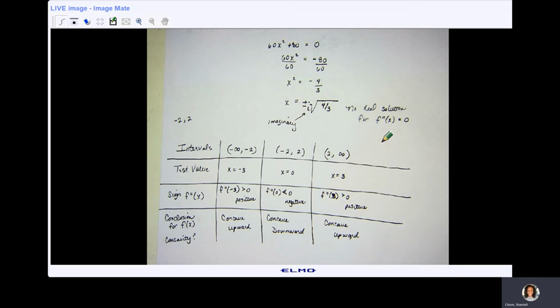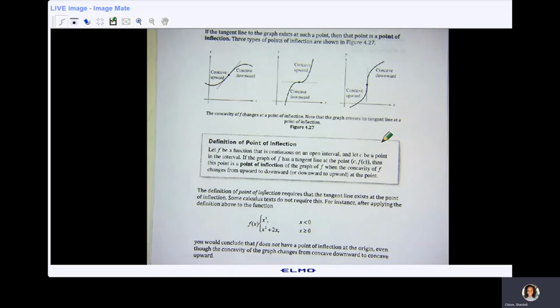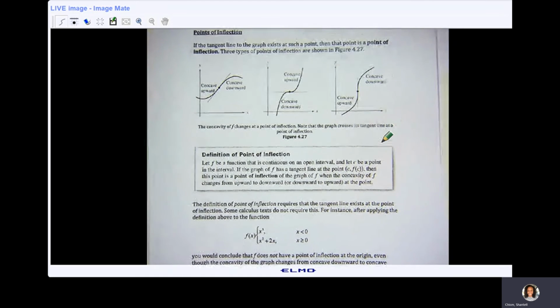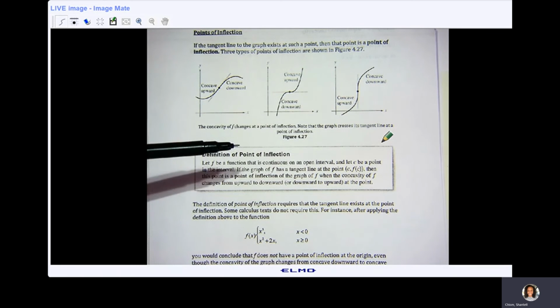So, on page 6 of our notes, when you have a change in concavity, the point at which that occurs, which is typically where f double prime is either 0 or non-existent, that is where you have a point of inflection. It's where you have a change in concavity. So these all represent points of inflection.